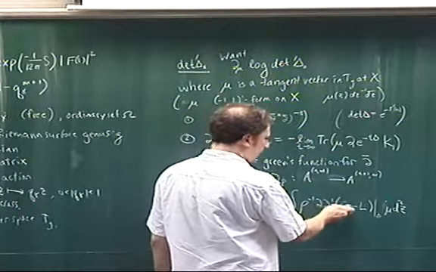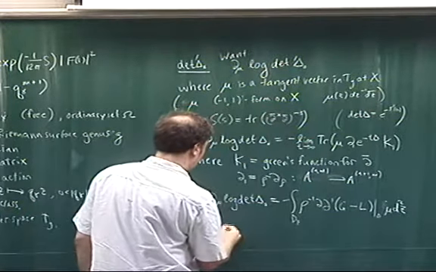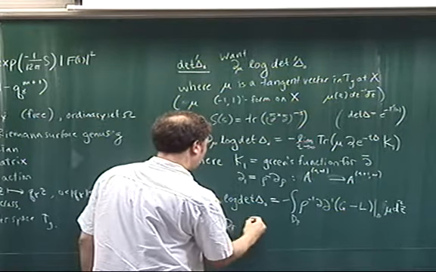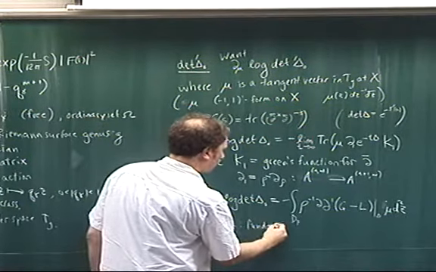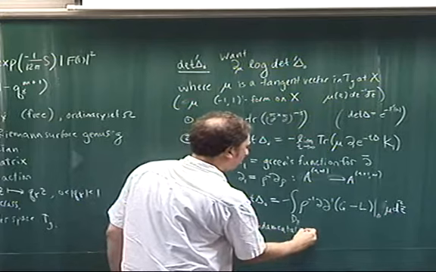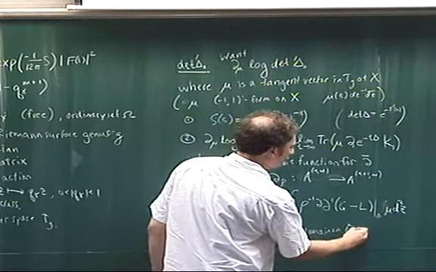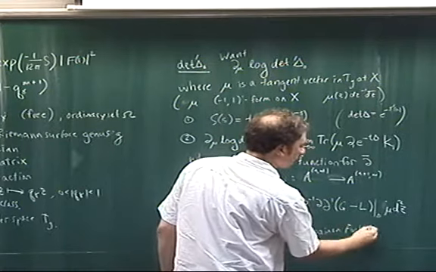Is in this form where DF is a fundamental domain on the Fuchsian uniformization on the upper half plane.